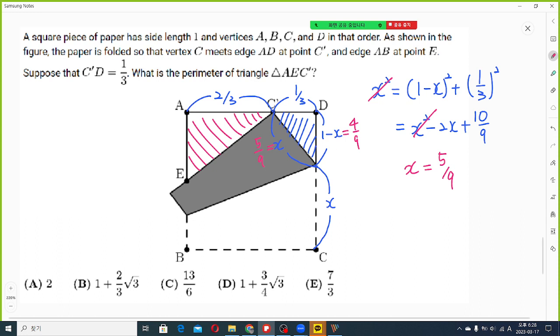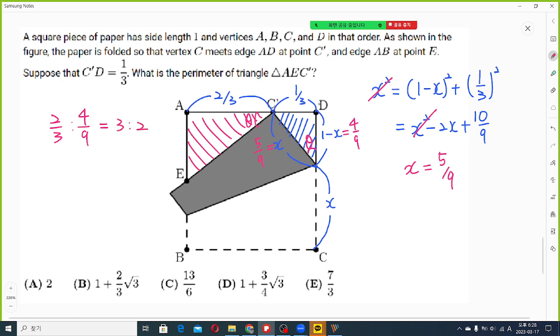So if this angle is theta, this one is theta. So the ratio is... we need to compare these two. So 3 and 2, right?